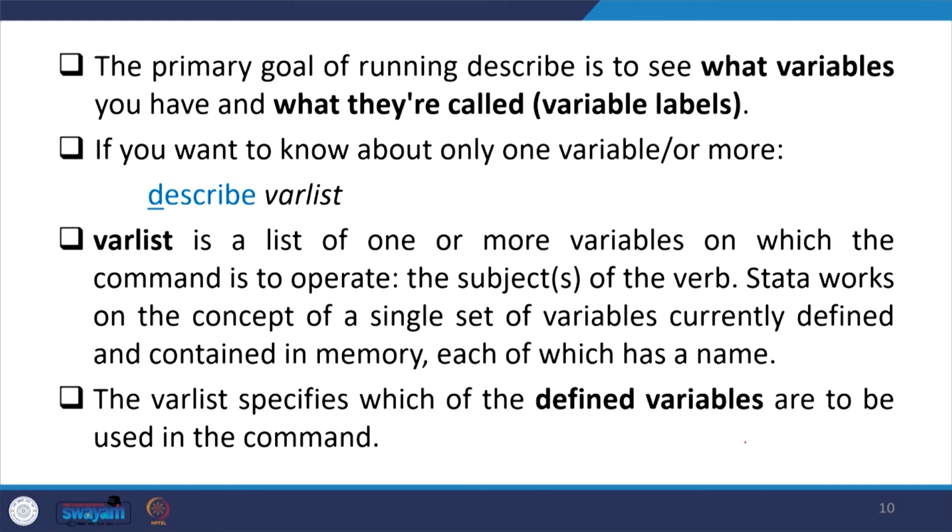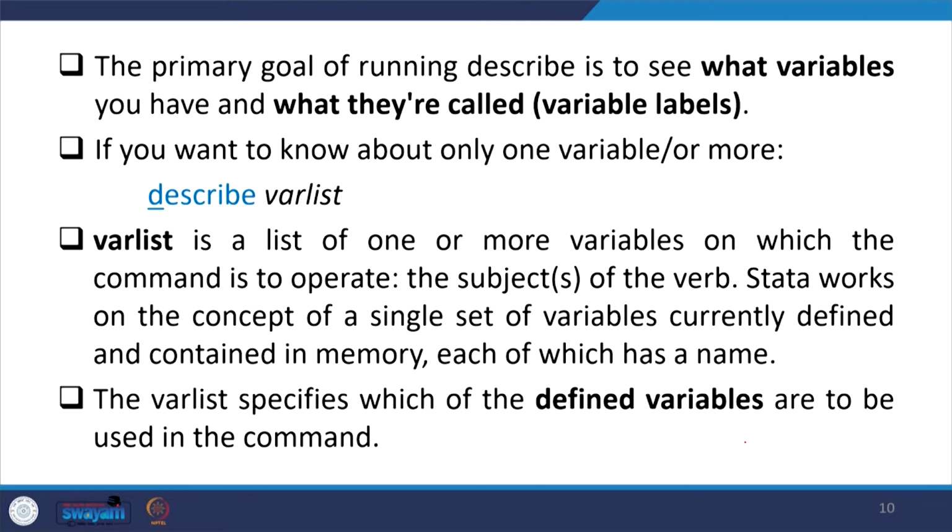Now, the primary goal of running describe is to see what variables you have and what they are called, as variable labels. If you want to know about only one variable or more, then you can use des or describe followed by that particular variable name. Var list or variable list is a list of one or more variables on which the command is to operate.